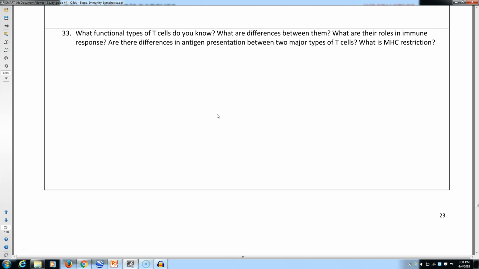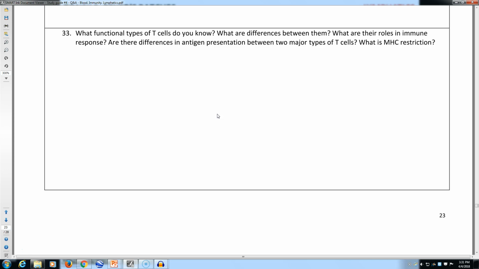T regulatory cells that control the immune response, and cytotoxic lymphocytes that can kill infected cells by inducing apoptosis, either via Fas ligand Fas receptor interaction or by releasing perforins and granzymes. Are we clear?